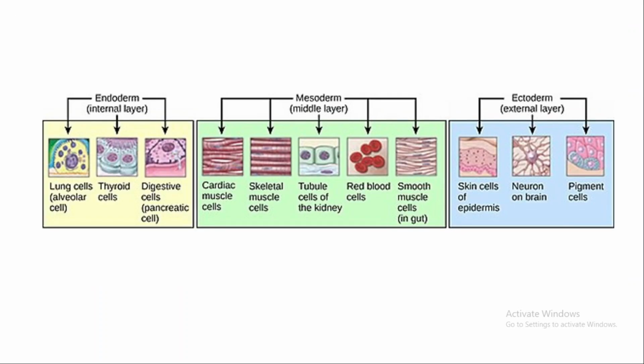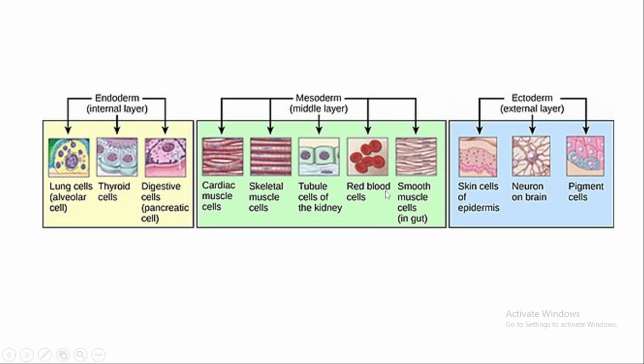So here is a quick revision of different cell types and layers formed from the three major germ layers. Lung cells are endodermal in origin, as well as thyroid cells and digestive cells. All muscle cells, blood cells, and connective tissues are mesodermal in origin. Cardiac muscle cells, skeletal muscle cells, and tubule cells of the kidney are of mesodermal origin.